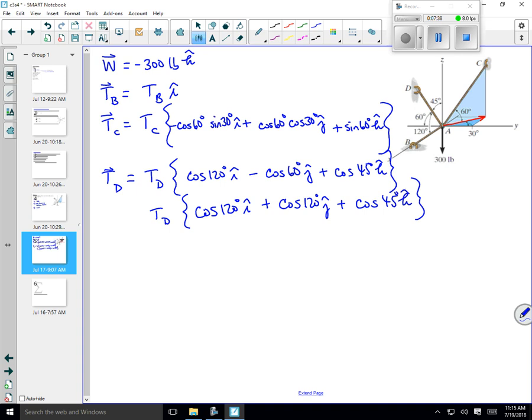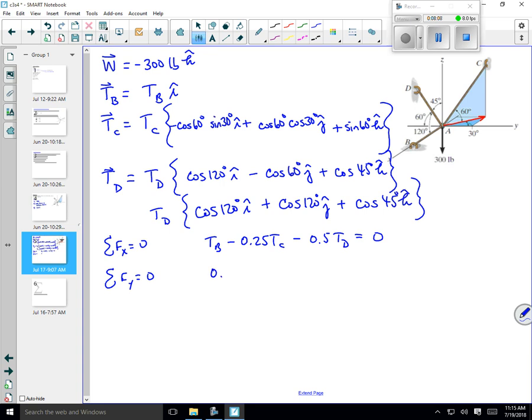So I get three equations now. Sum of the forces in x equals 0, which gives me TB minus, and I can calculate that, 0.25 TC minus 0.5 TD. I get the sum of the forces in y equals 0.